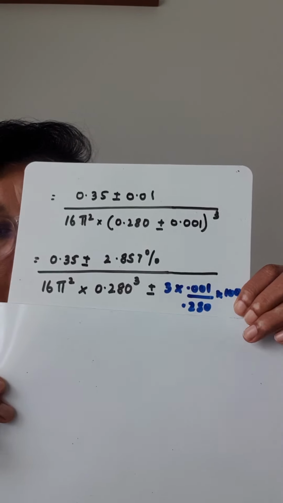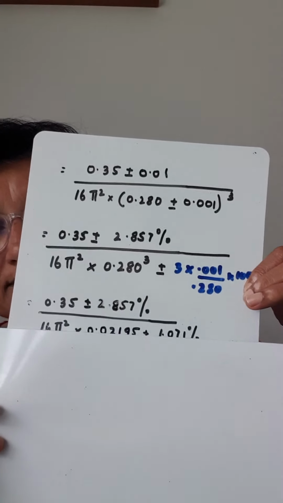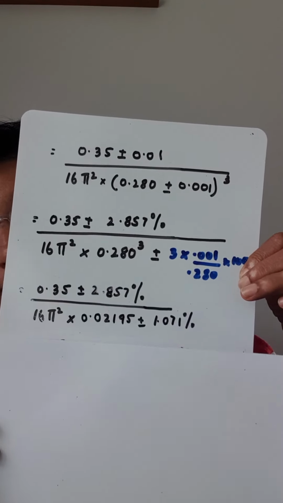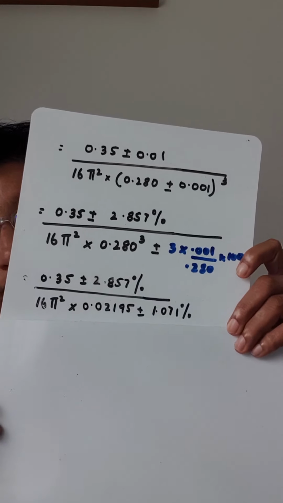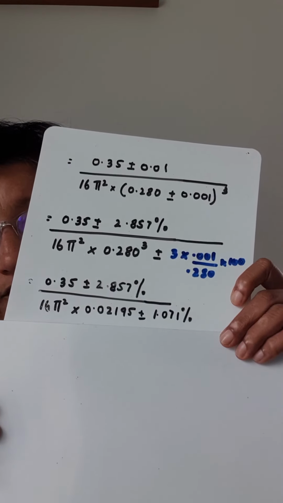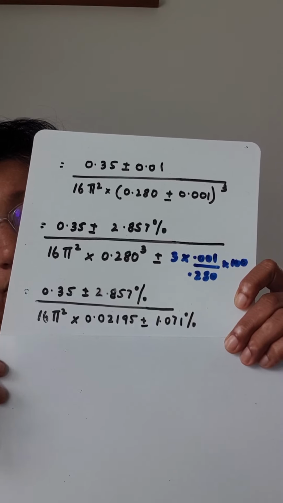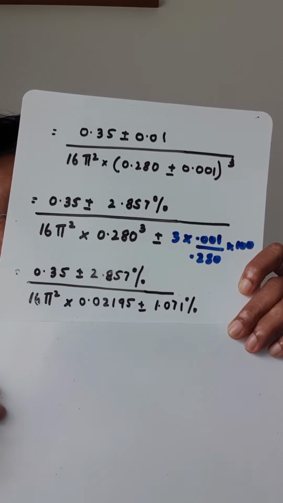And so when you do that, you end up with the value for d, and what I've done is I've just found the cube of 0.280, so I get that number. So you end up with this.